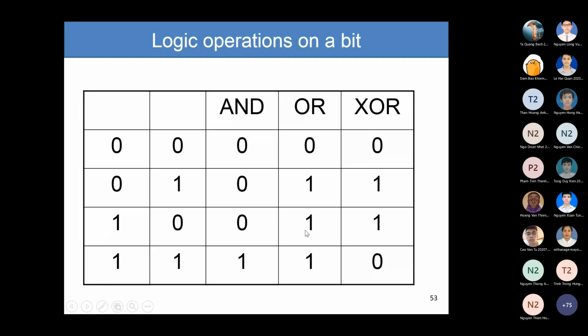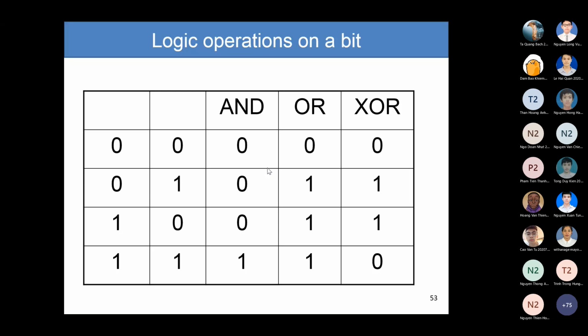So it means in the AND function, if both bits equal 1, the result is 1. Otherwise, the result equals 0. For the OR function, if only 1 of the 2 bits equals 1, the result is 1. So the result equals 0 only if both input bits are 0. That is the AND and OR function.